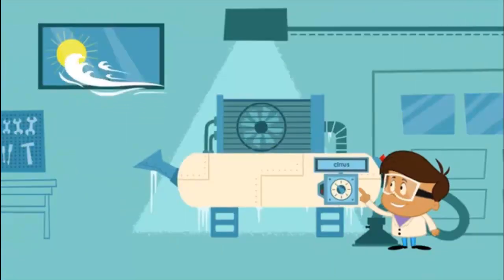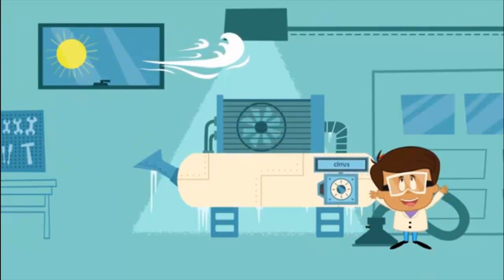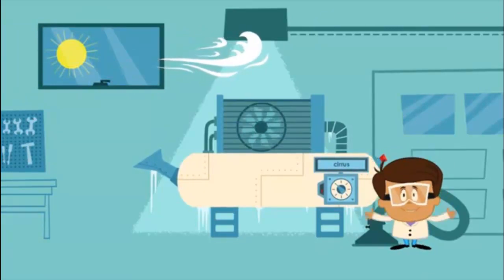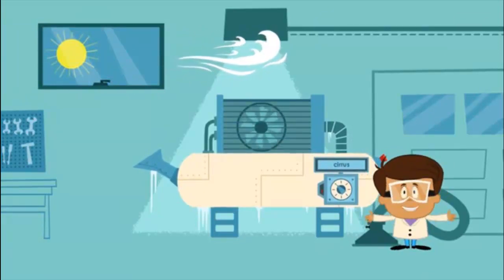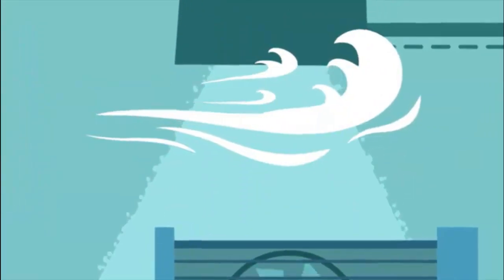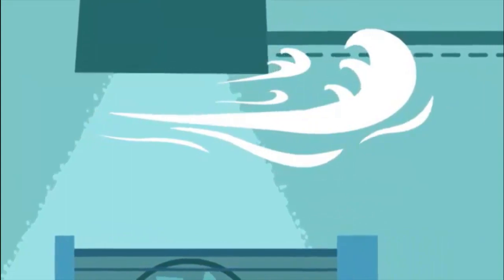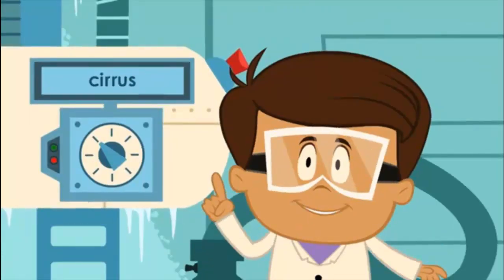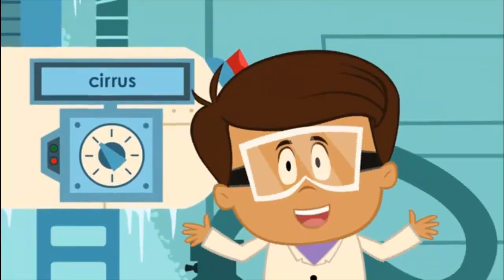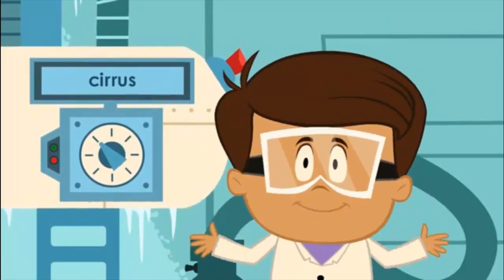This is a cirrus cloud. You'll see them way up very high in the sky, where the air is very cold. They're made of tiny particles of ice instead of water drops, so they look wispy. When you see cirrus clouds, it usually means the weather is going to be clear and calm.